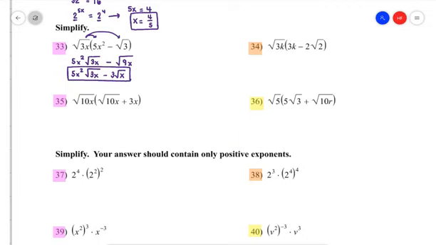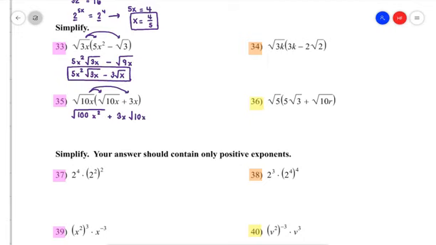We'll do that again. So we've got inside 10 times 10, which is 100, and then x times x, which is x squared. Then we've got outside numbers, meaning it doesn't have a radical, and a radical.